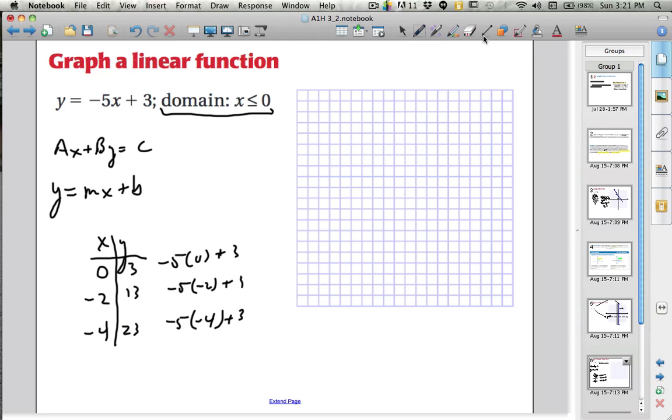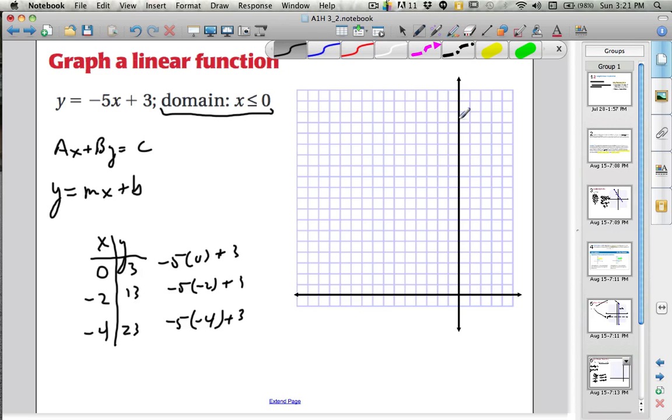Okay, so I'm going to put in my axes, but I'm going to be mindful of the fact that I don't really have anything over here to the right of the y-axis. And it looks like my numbers are going pretty high. I didn't come out with any negative results, so I'm going to put this down so I can make the best use of the coordinate plane that I have. When x was 0, y was 3. 1, 2, 3, there's a point.